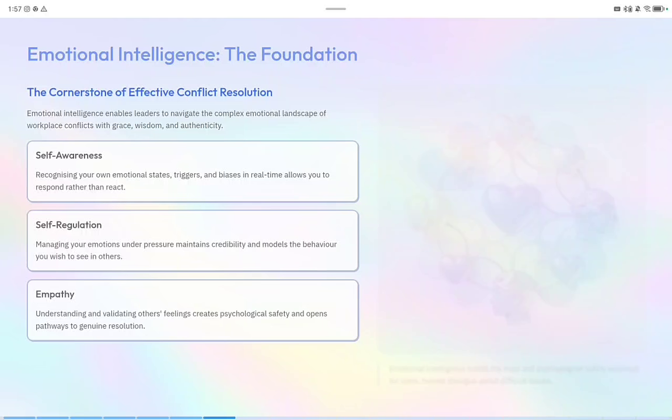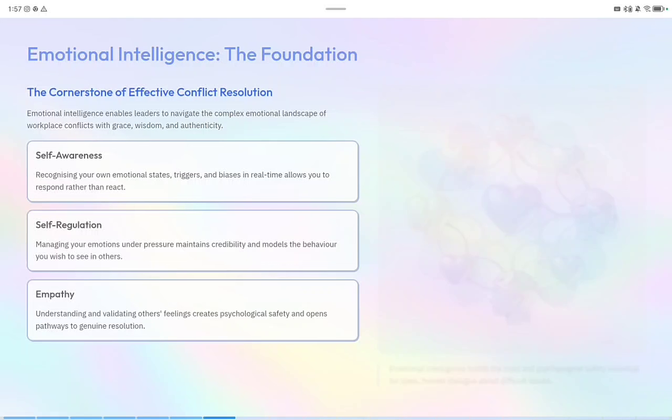The final thing is empathy. Understanding and validating others' feelings creates psychological safety and opens pathways to genuine resolution. Now, empathy is not just putting yourself in somebody else's shoes, but also knowing how it feels inside that shoe, whether it's comfortable, whether your feet fit in, whether it's sweaty, whether it's cold, whether it's torn.